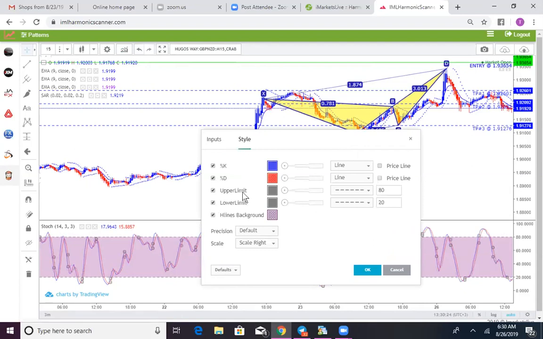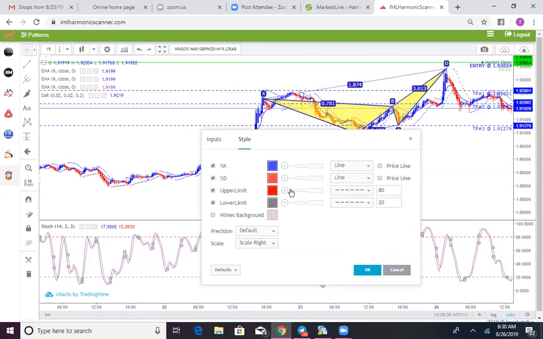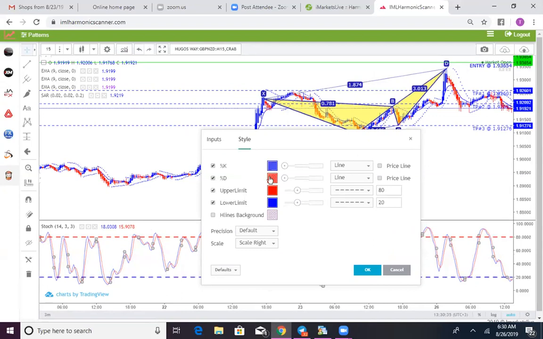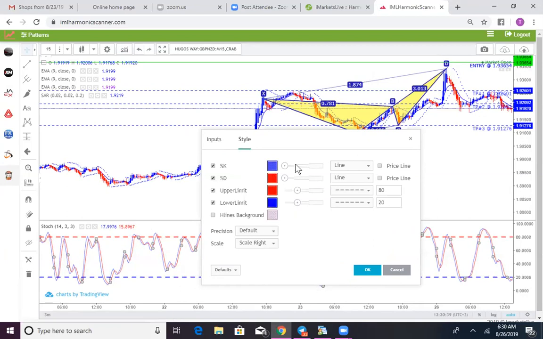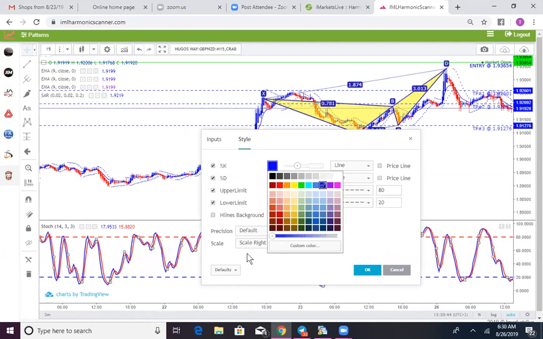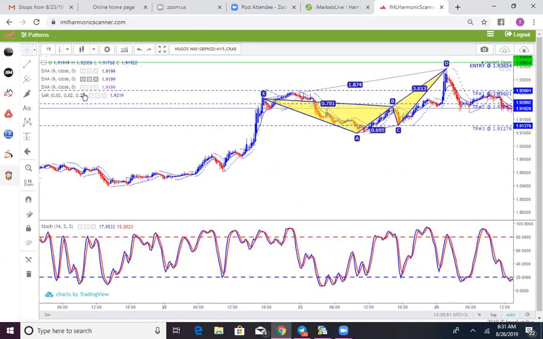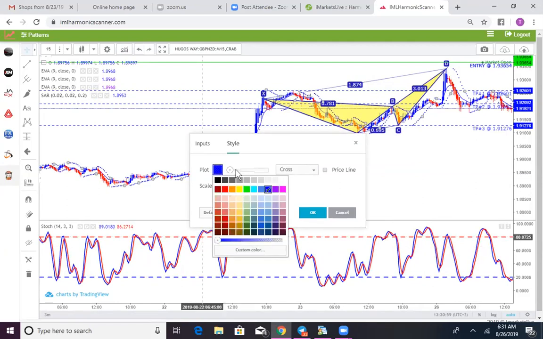Remove high, upper red, make it thicker, lower blue, make it thicker. And guys, you'll get so used to your strategy, you'll be able to fly through and put the parameters on also. I want this color thicker.